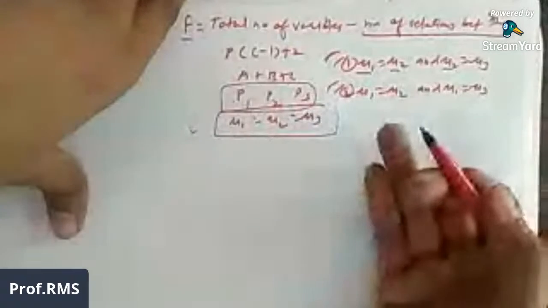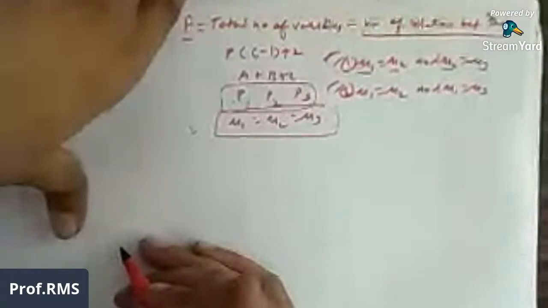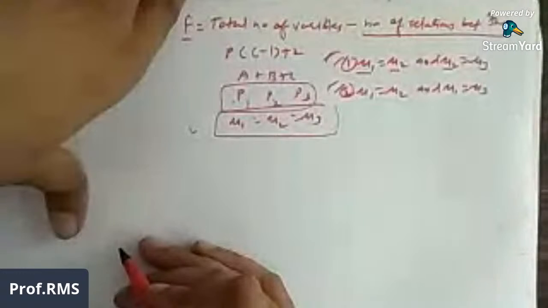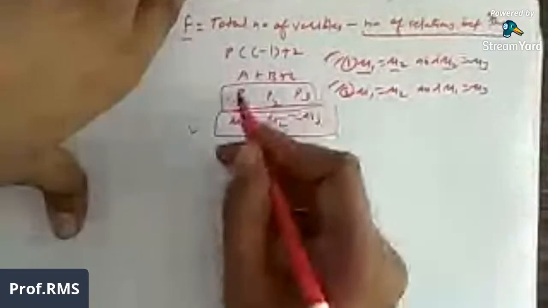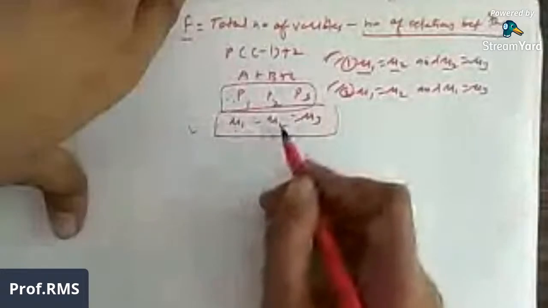Just focus here. For three phases we are getting two equations. For four phases, how many equations do we get? Simple question, simple logic. For three phases, we have mu1, mu2, mu3, the chemical potentials, and from that we got two equations.